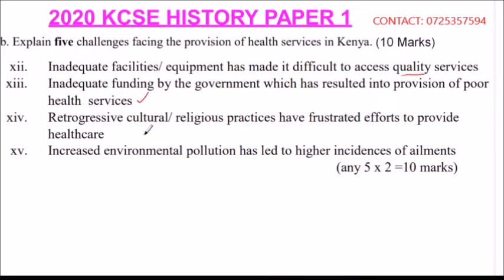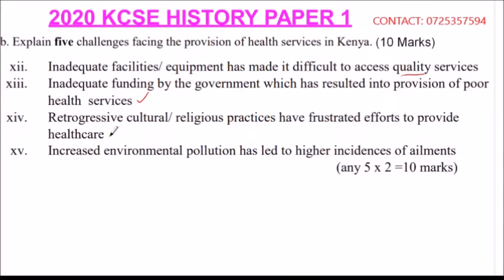For example, there are some who don't go to hospital because of their religious beliefs. They don't believe in modern medicine. That's a retrogressive cultural and religious practice that has made some people suffer or not get good health care.